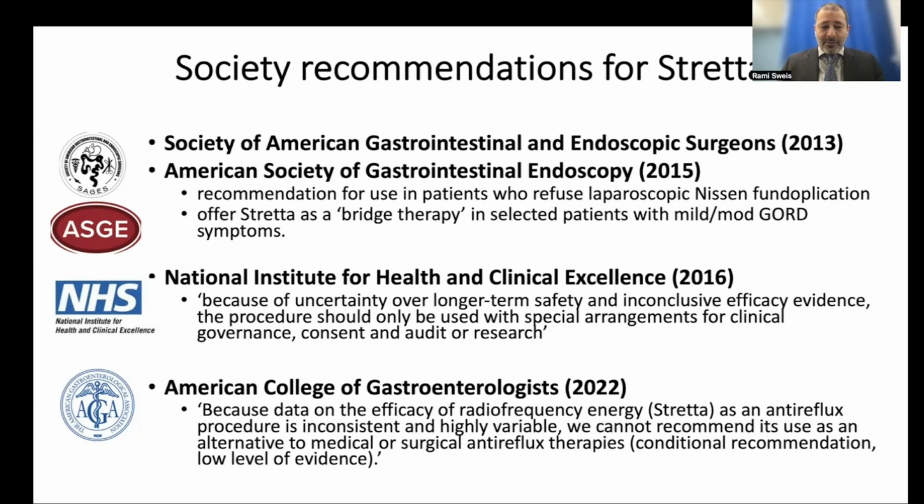But just last year, the American College of Gastroenterology withdrew their support and said that because the data on the efficacy of radiofrequency energy as an anti-reflux procedure is inconsistent and highly variable, we cannot recommend its use as an alternative to medical or surgical therapies.